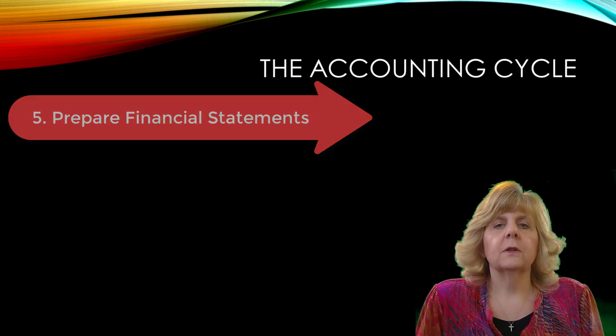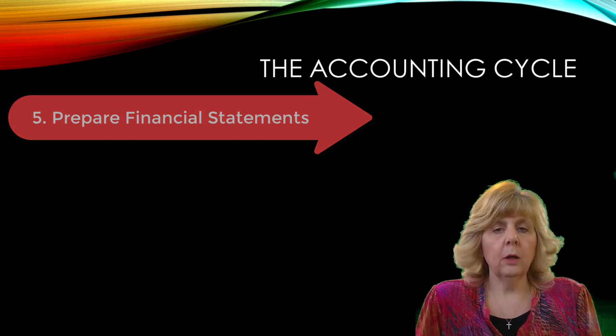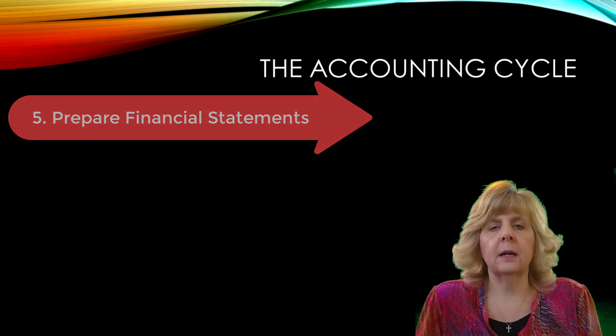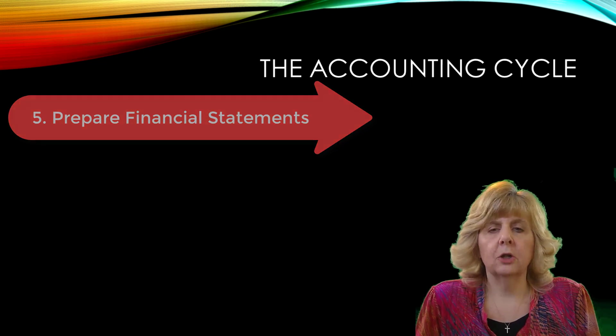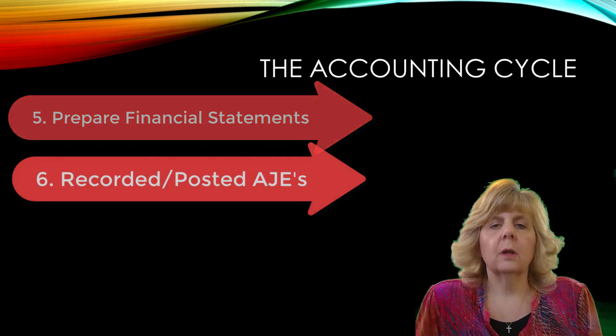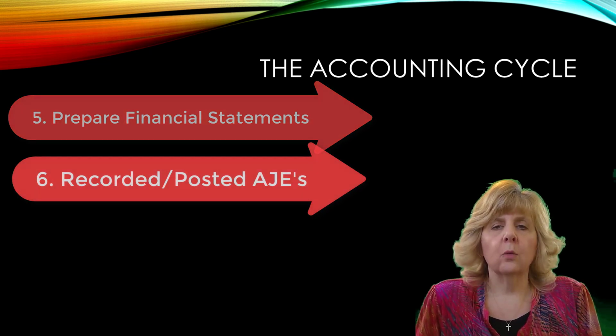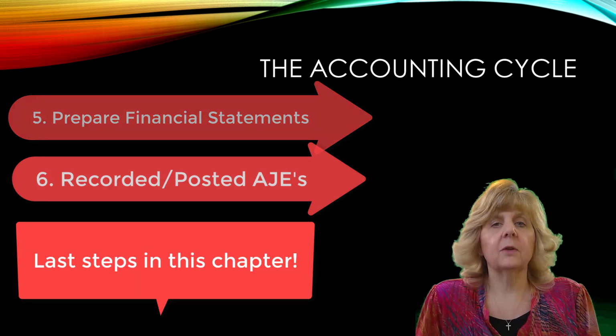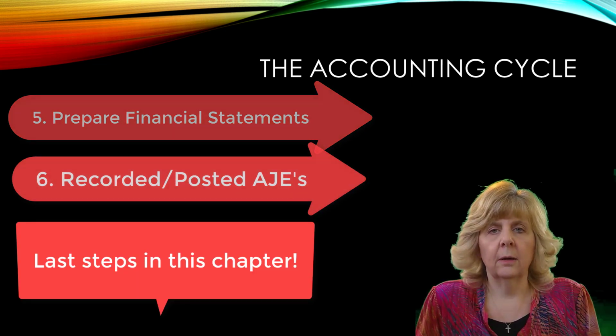The financial statements that we learned were the income statement, the statement of owner's equity, and the balance sheet. Once the financial statements were created, we then learned that we had to journalize and post the adjusting entries to get them into the accounting records. That brings us current and ready to talk about the last few steps in the accounting cycle.